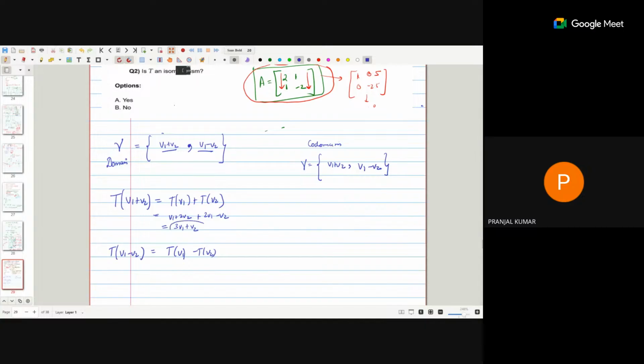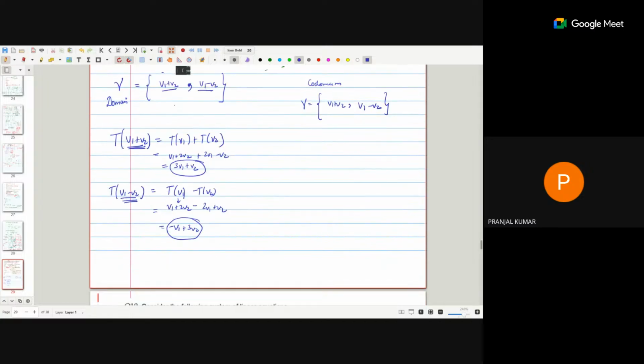So this is your output image for this input basis vector. Now similarly here we write V1 plus 2V2, which is this, minus 2V1 plus V2. So I will get minus V1 plus 3V2. So this is your output image of this.